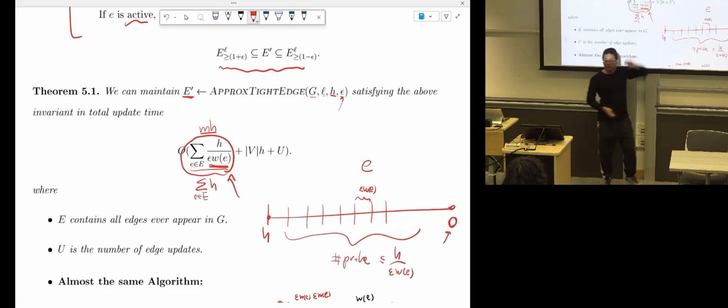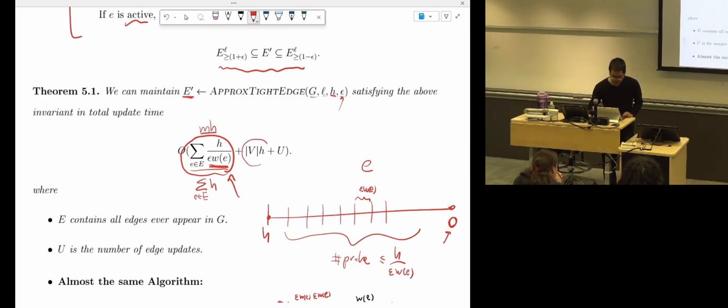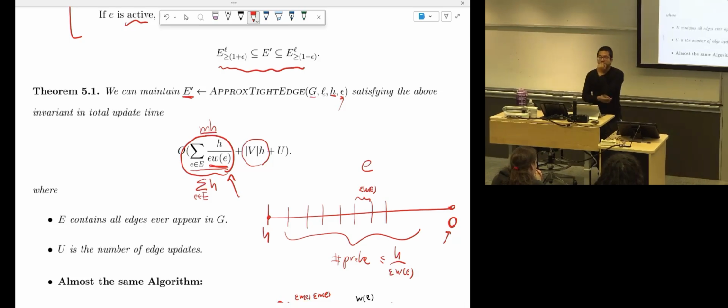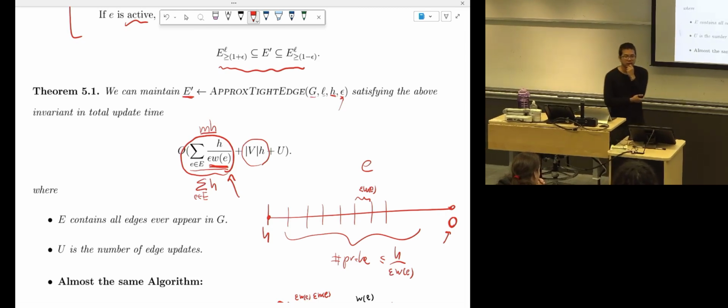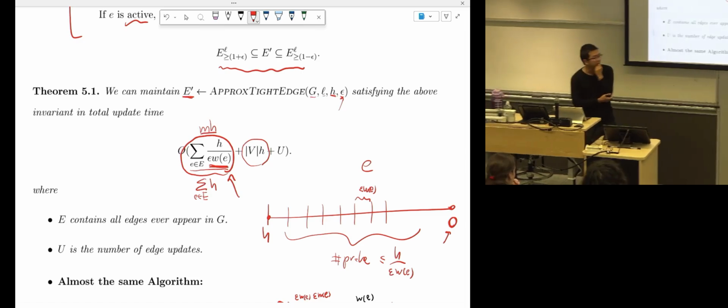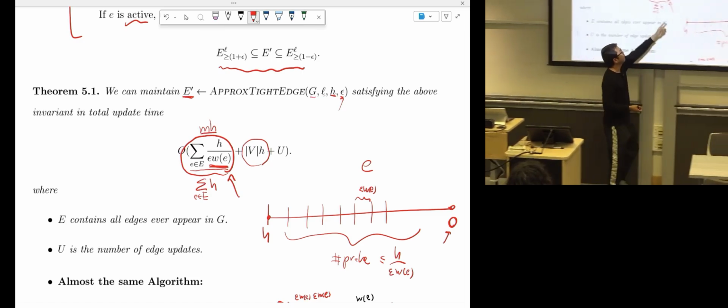What about this one? Why do we spend this time? We have to check the levels of each vertex whenever we do an update. Yeah, this is really just the time to relabel.